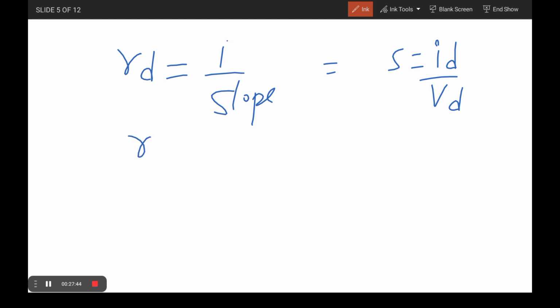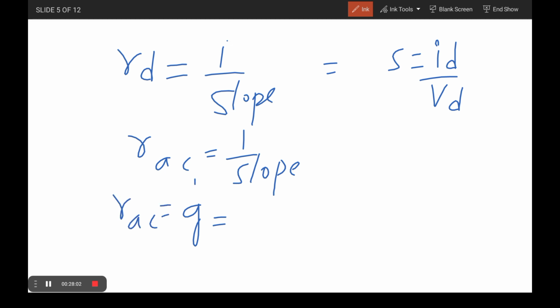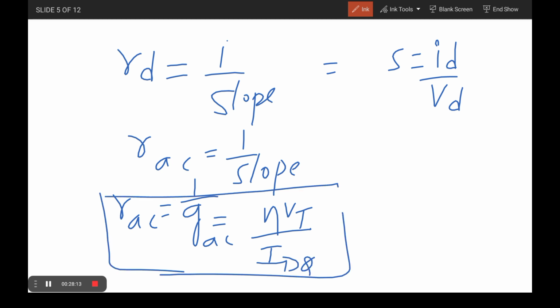Therefore rac is equal to 1 by slope, so rac is equal to 1 by gac, which is equal to eta VT by IDQ. This is the slope equation for this case.